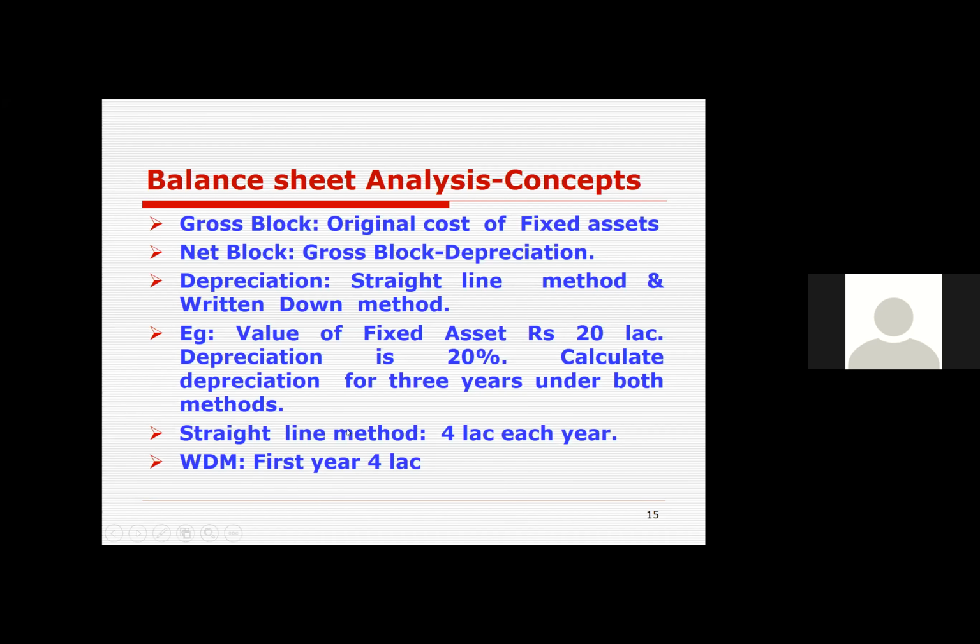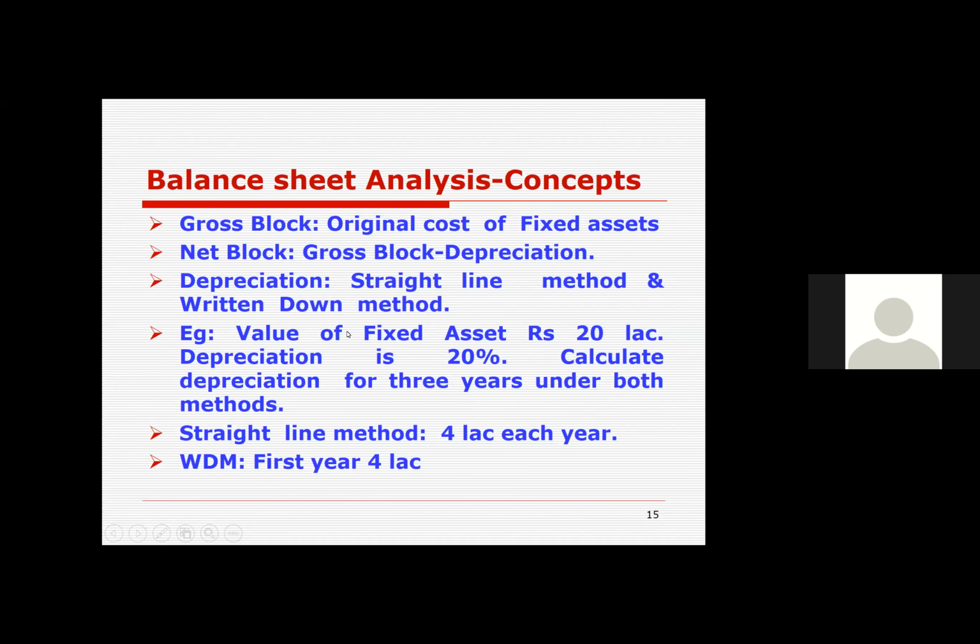Suppose straight line method. You take the original cost price of 20 lakhs, and 20% on 20 lakhs comes to 4 lakhs. Next year also, on the same 20 lakhs, we will calculate 20%.